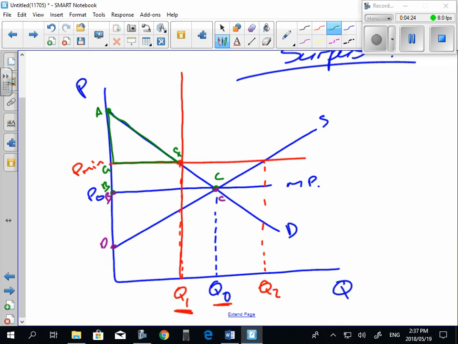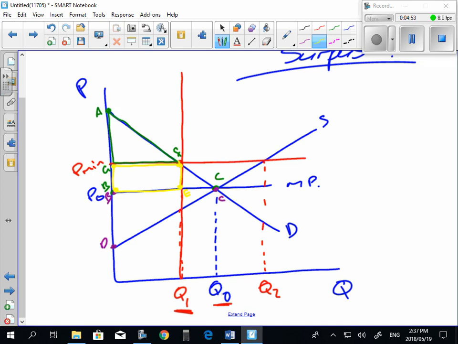Now, this rectangle, F, G, B, E, that yellow rectangle was originally part of your consumer surplus. But now, with the price increase, producers have obviously gained from a price increase.